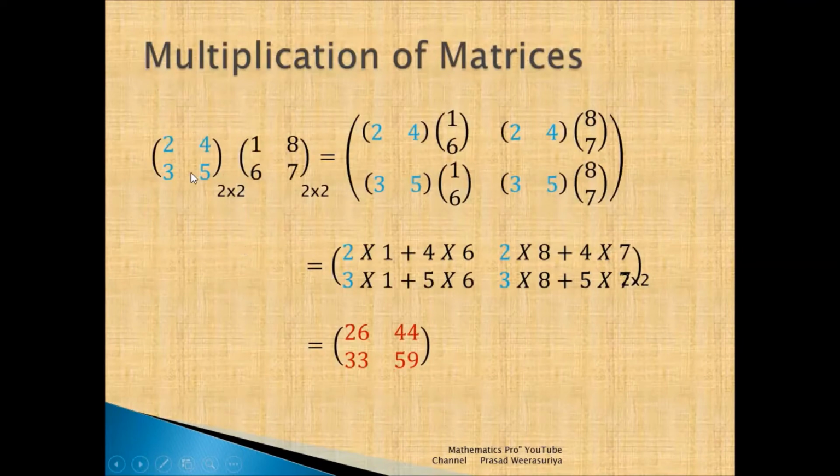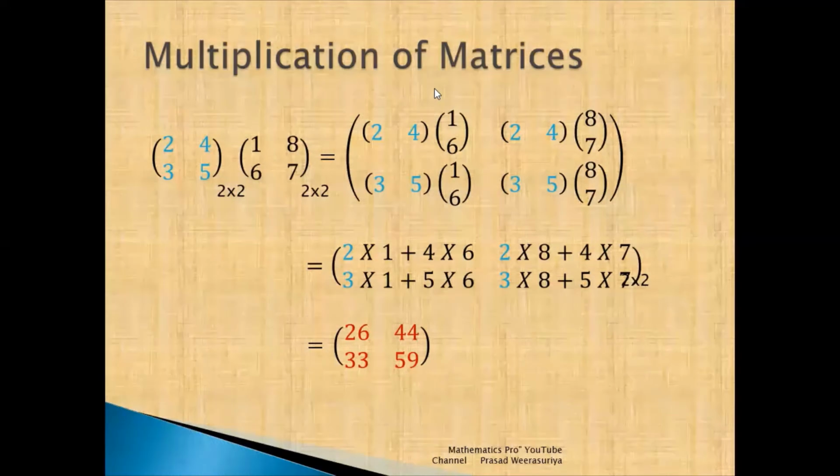Multiplication of matrices. Here we are going to multiply these two matrices. This is of order 2 by 2. The order of this matrix is 2 by 2. In order to multiply two matrices, you should check whether these two numbers are equal.